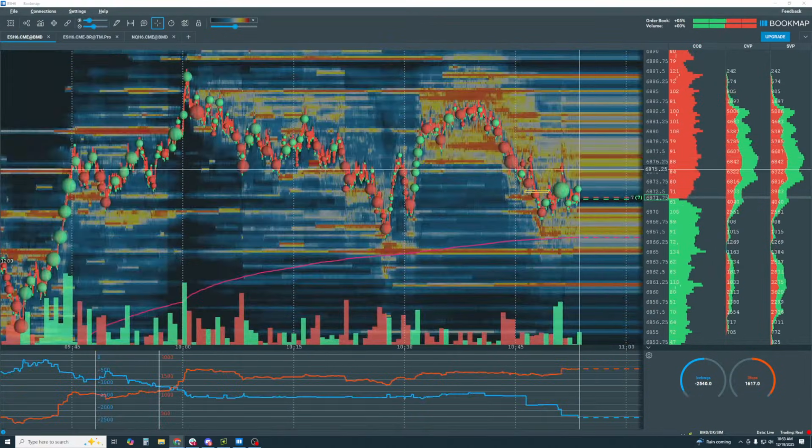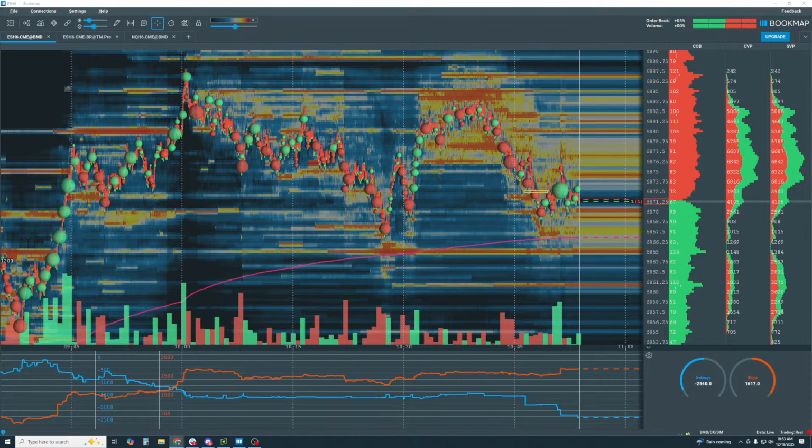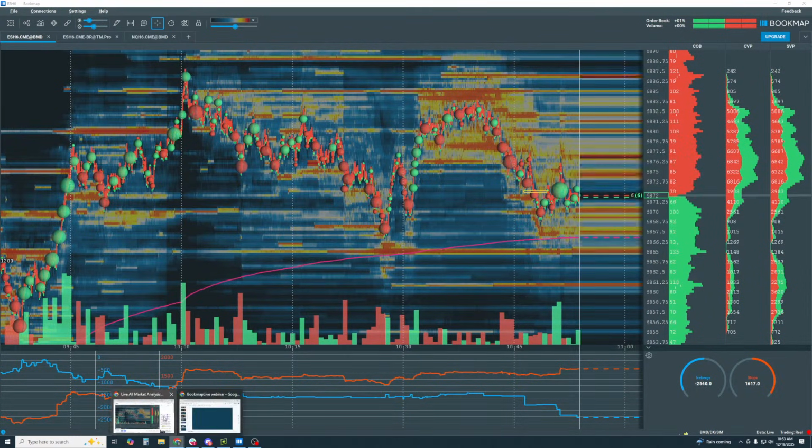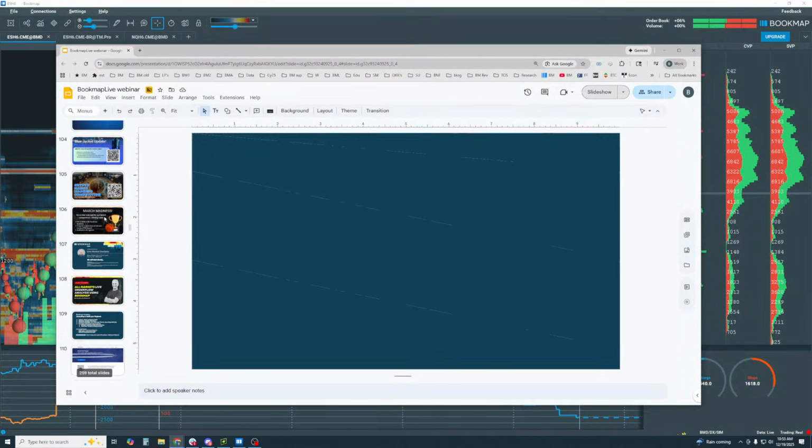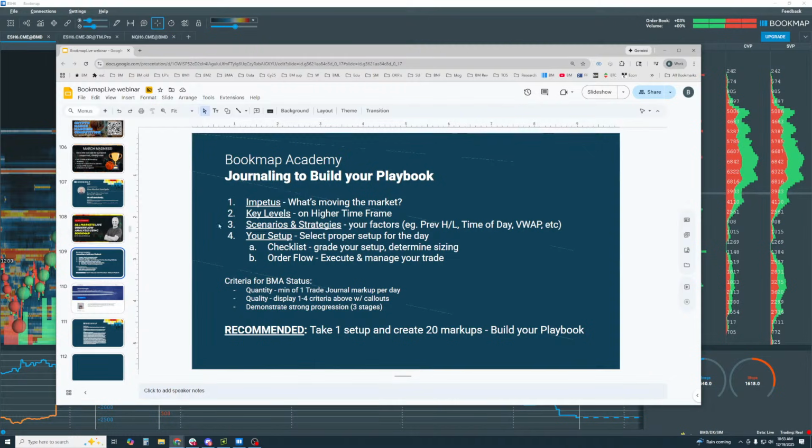And Richard and others, just to circle back to what we're talking about here. It really all sets up from this: journaling and getting prepared for the day and marking up your charts, etc. Understanding what's moving the market, okay?